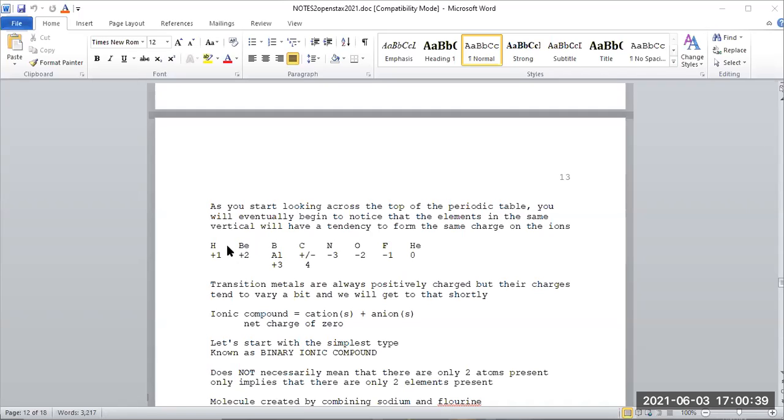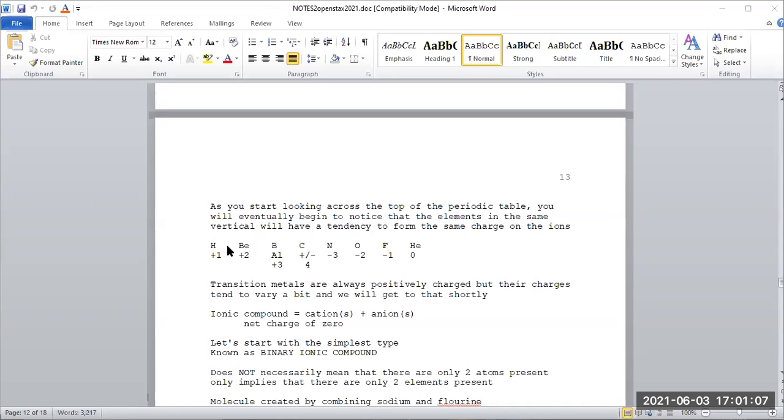Nitrogen column -3, oxygen column -2. All the halogens are -1s. Remember when I said the noble gases are very unreactive. They hate everybody. They really pretty much don't like to be part of a molecule, so they hardly ever have a charge at all.